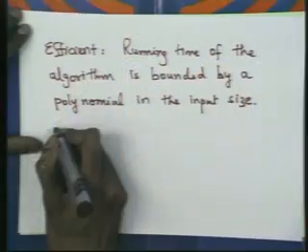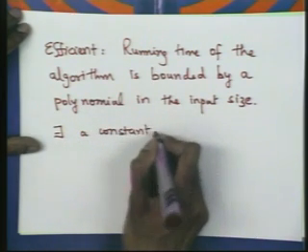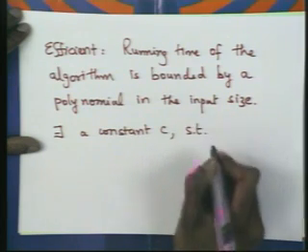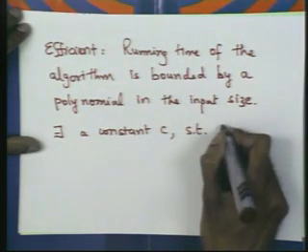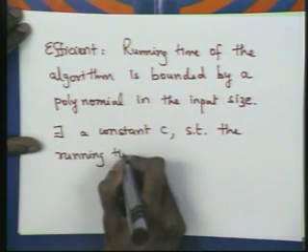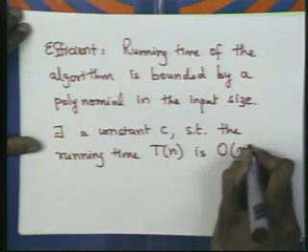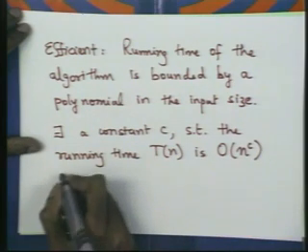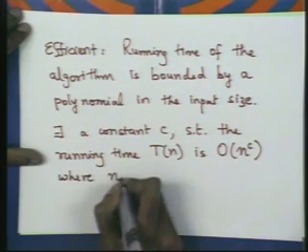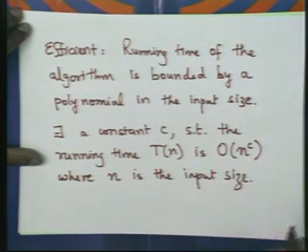There exists a constant C such that the running time T of n is big O of n to the C, where n is the input size. So this is what efficient for us will mean.